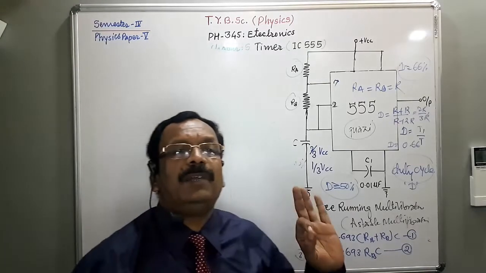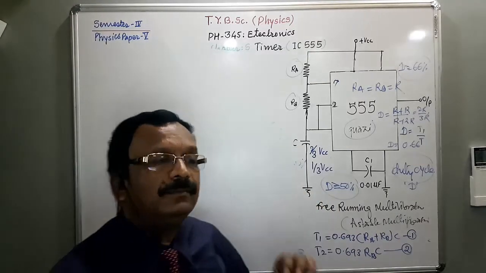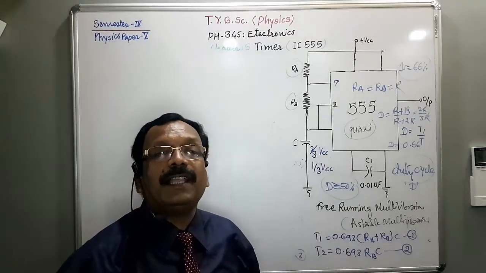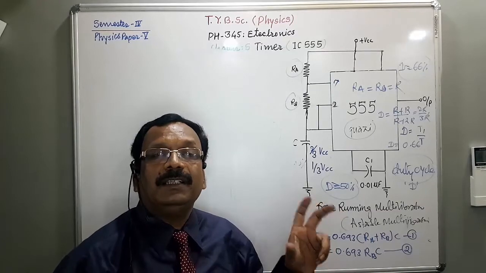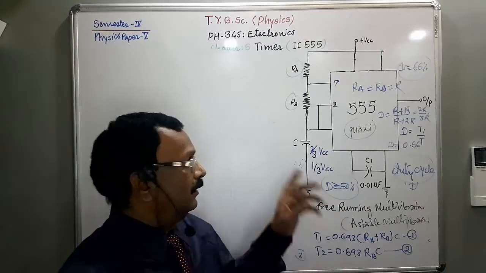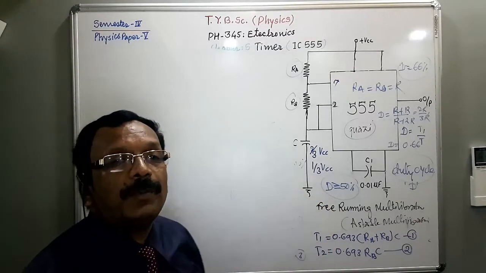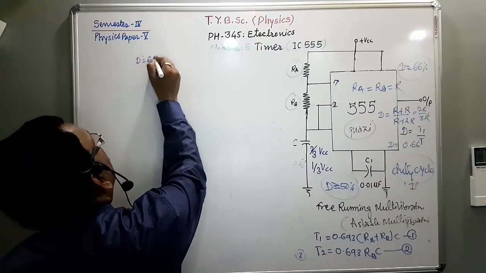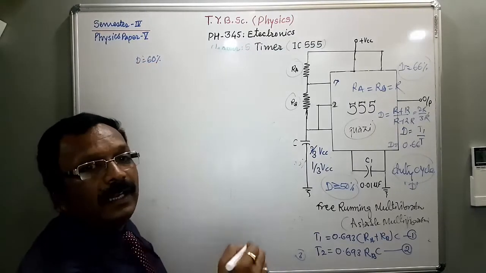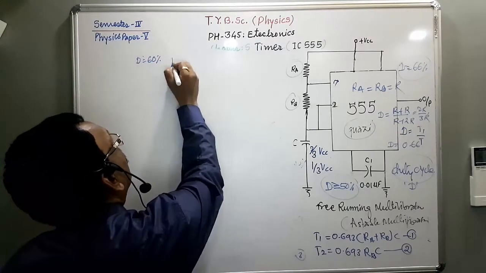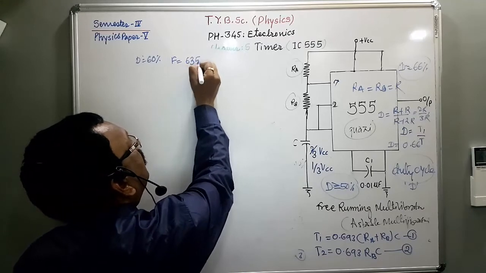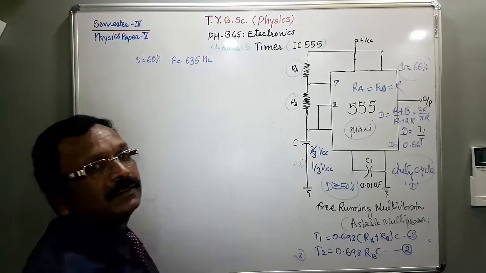Duty cycle of astable multivibrator is 60%. So, for example, we have to take certain duty cycle and certain frequency in order to design the circuit. Okay, so duty cycle of astable multivibrator is 60% and frequency of multivibrator is 635 Hertz.